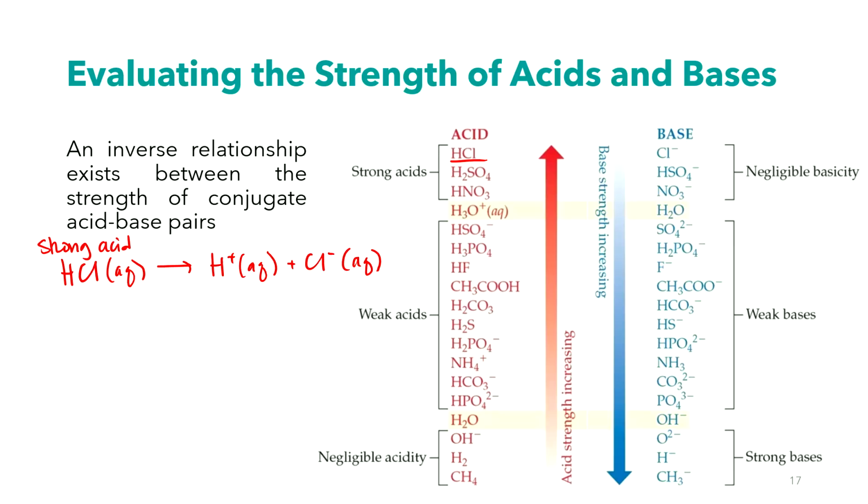Therefore, we can say Cl minus doesn't want it back. If HCl is always going to just keep giving away its proton, what we're saying is Cl minus doesn't want it back. In other words, Cl minus is a negligible base. It really doesn't behave as a base at all.